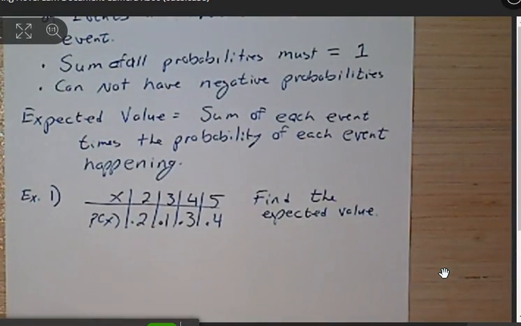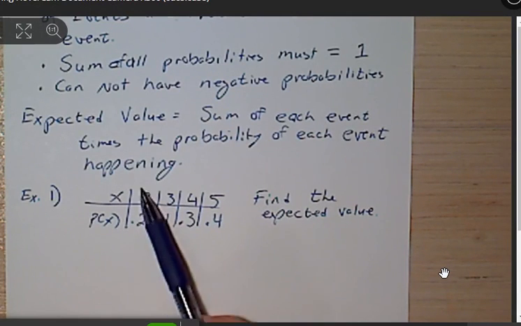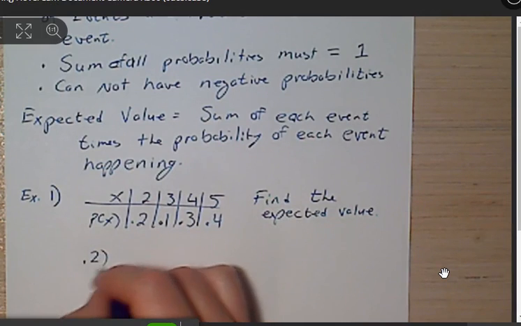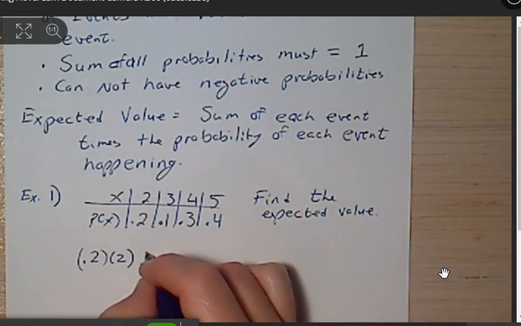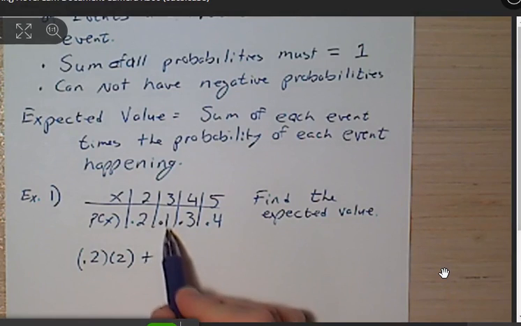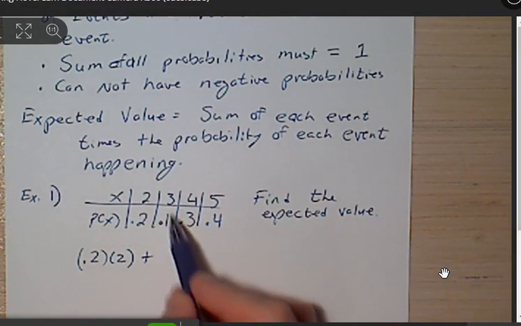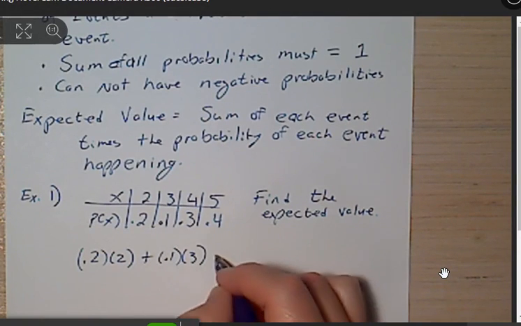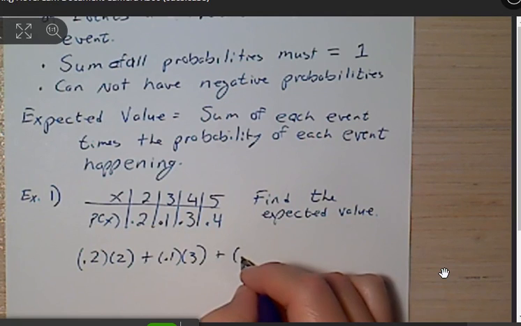Okay, so what you're going to do when they talk about the expected value is take the probability that you have of getting a 2, which is 0.2, and multiply these two numbers together. So it's 0.2 times 2, and then you're going to add that to the same thing with the next event. If getting a 3 is a 0.1 or 10% chance here, we multiply those two things together, and then just keep going down the row.